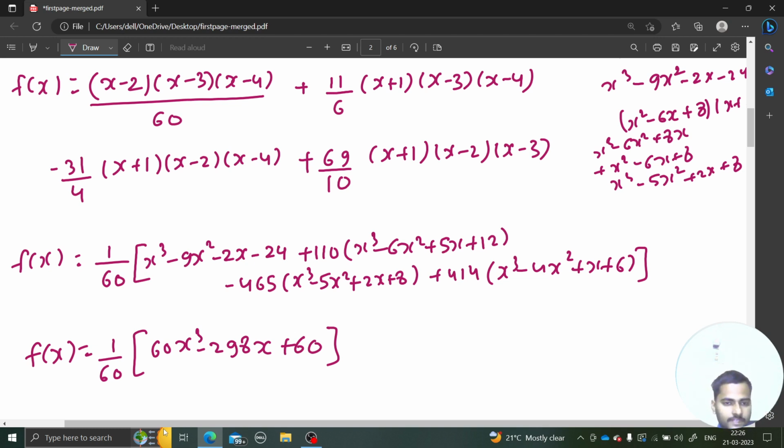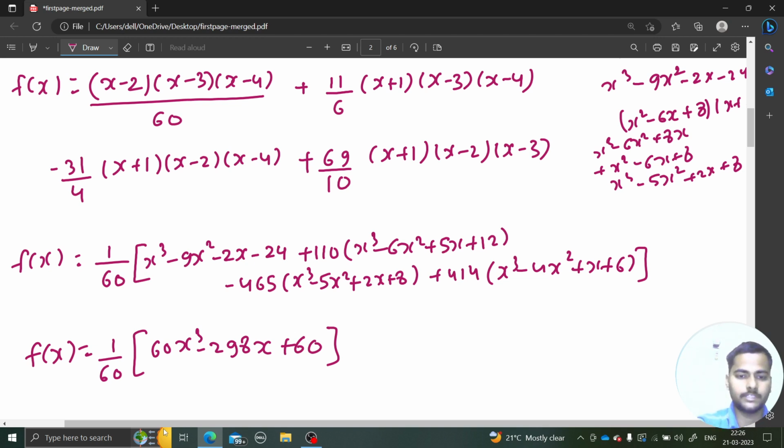The coefficient of x square was minus 9, minus 660, plus 465 into 5, minus 414 into 4. It is coming out to be 0.